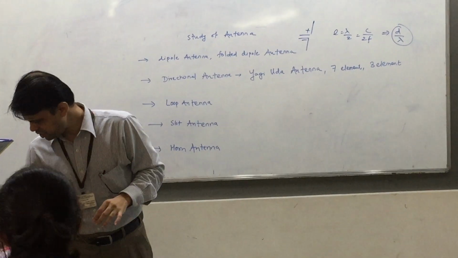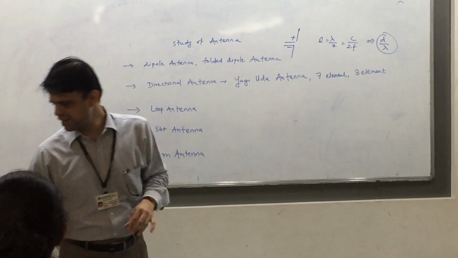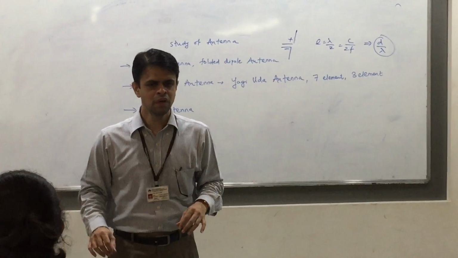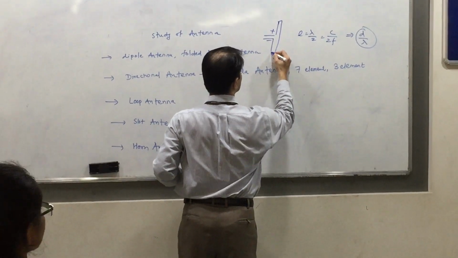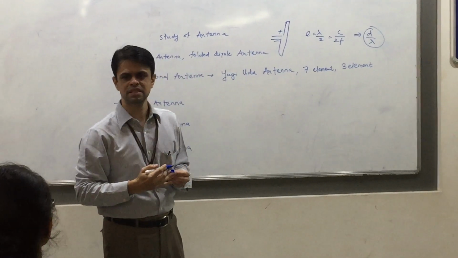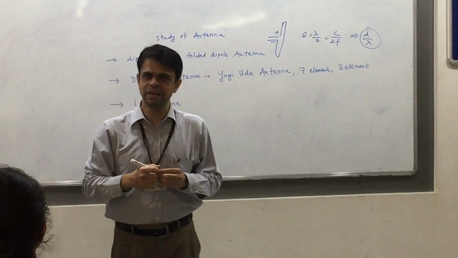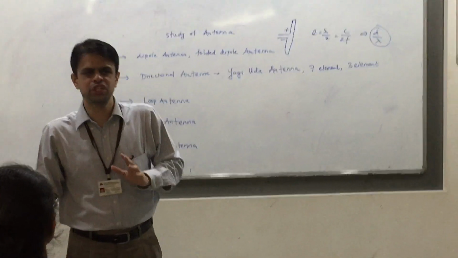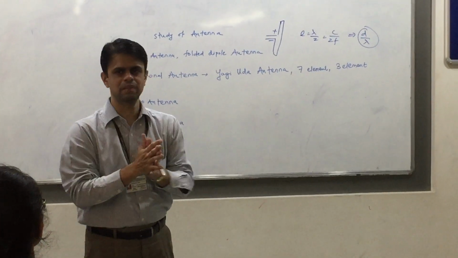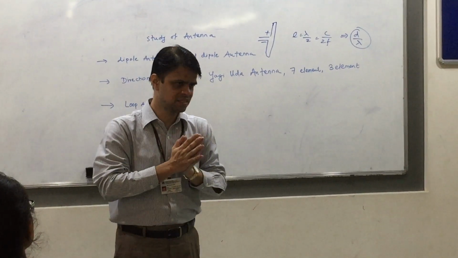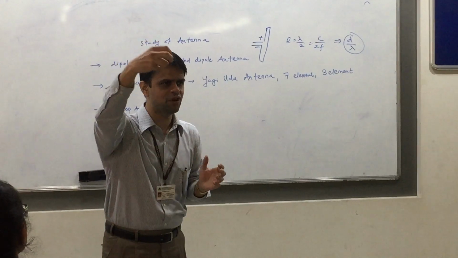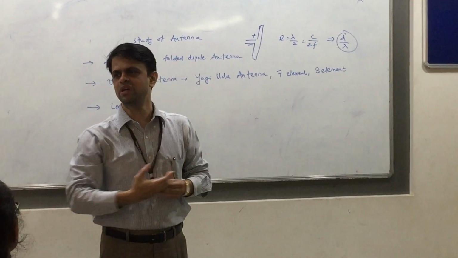Now the next variation is your folded dipole antenna. Okay, a folded dipole antenna will have a closed loop structure like this. Here the folded dipole configuration is used for impedance matching. Because in earlier days, with TV sets, if you recall the Yagi antenna, the signal used to come from it to your TV sets.